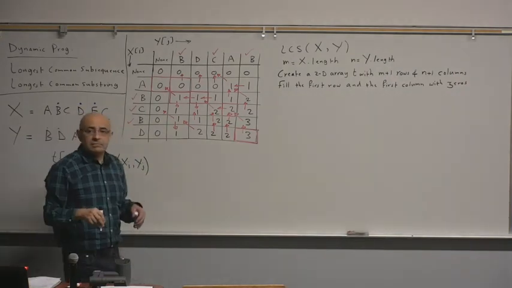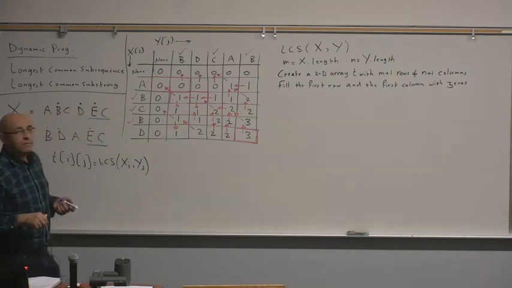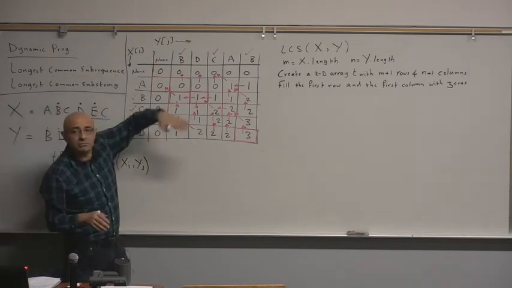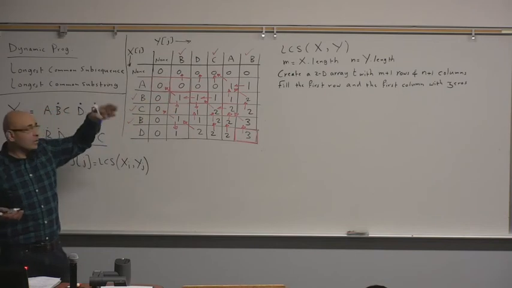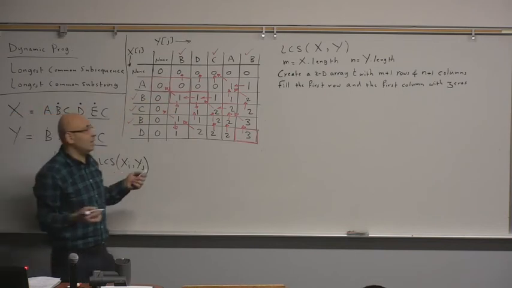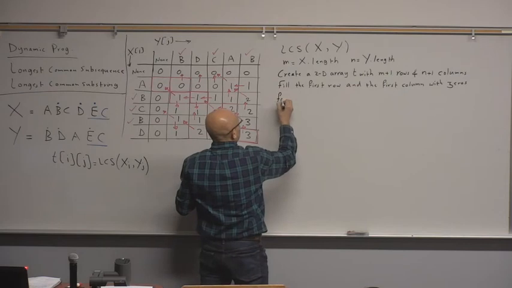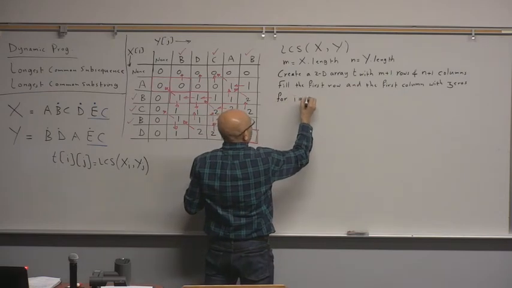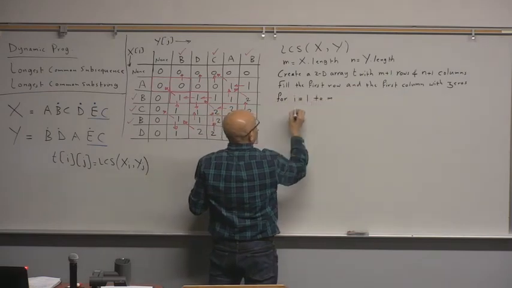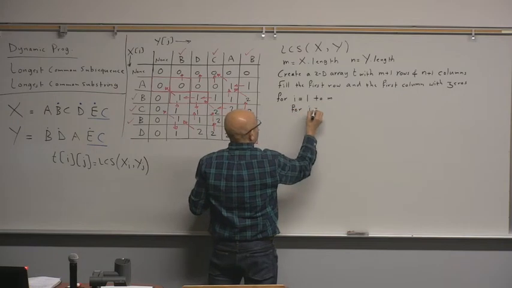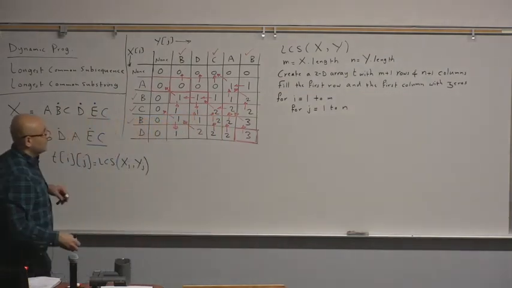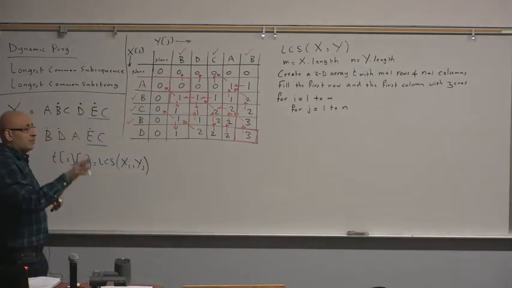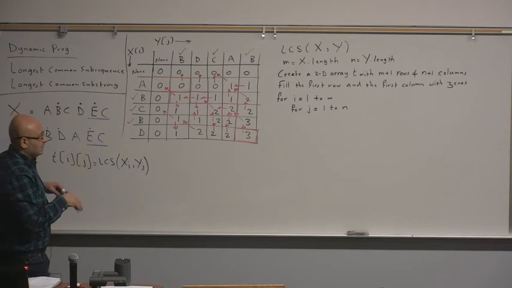Then, what kind of loop will we have here? This is a two-dimensional array, so we'll have a nested loop, right? One that goes through the rows and one that goes through the columns. So we'll go for i equals 1 to m, and for j equals 1 to n. In fact, we just put the formula that I have just erased.